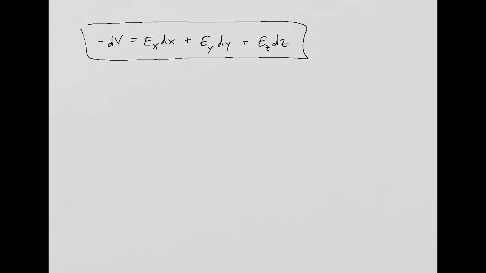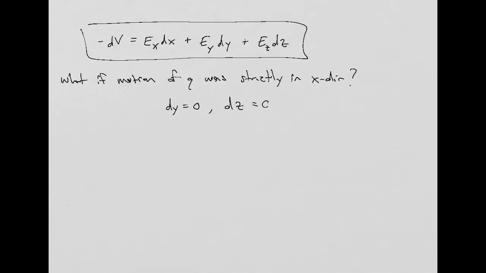And we're going to make a couple assumptions. What if motion of Q was strictly in the x direction? If this is true, if you're only moving in the x direction, your displacement in y is going to be equal to 0, and so is your displacement in z.